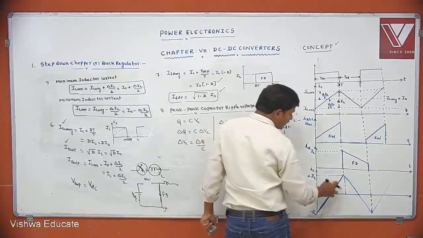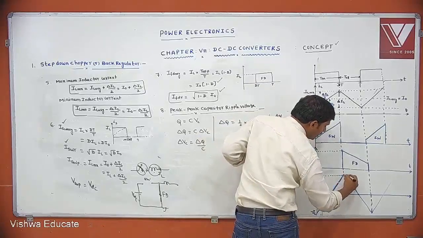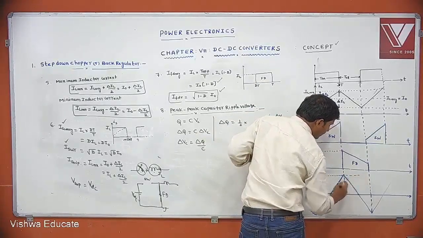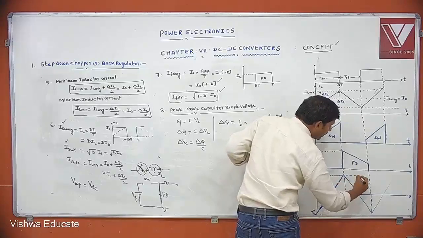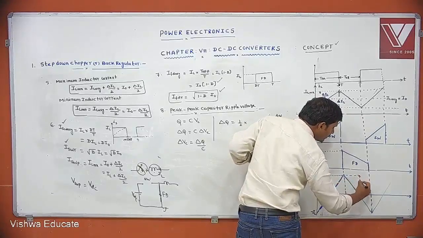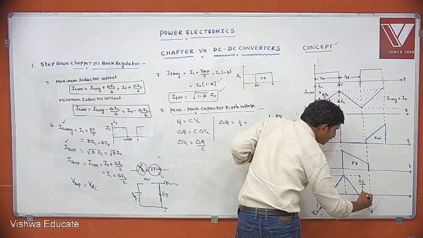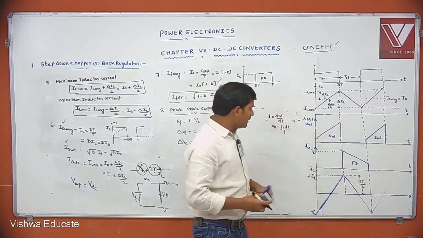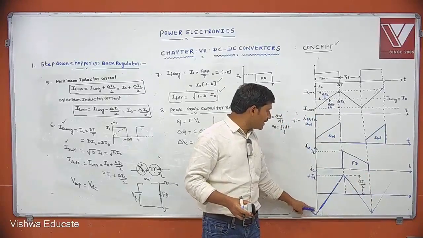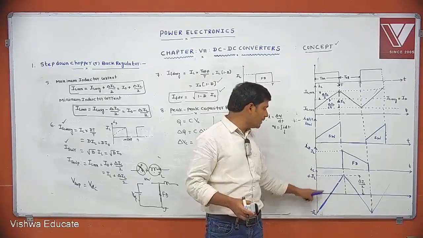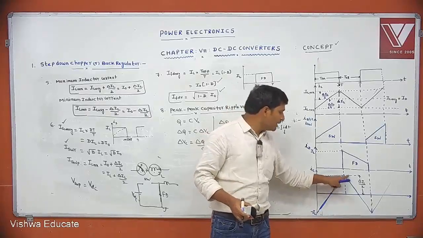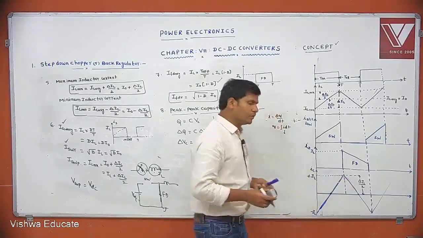Let the peak to peak be delta IL. Then the height is delta IL by 2, because in the capacitor also the inductor current flows. This is IL minima, this is IL maxima.